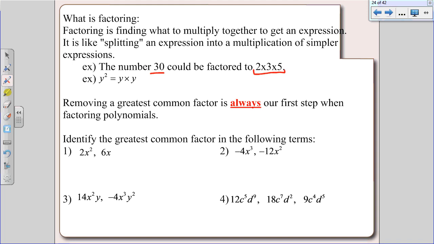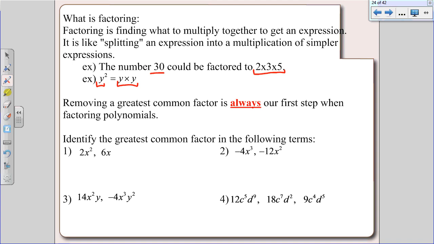We took numbers, we changed them into multiplication statements. We called it prime factorization, remember with the trees? You can also technically do it with letters. So if I took y to the power of 2, I could rewrite that to just be y times y. See how I factored it so it becomes a multiplication statement.